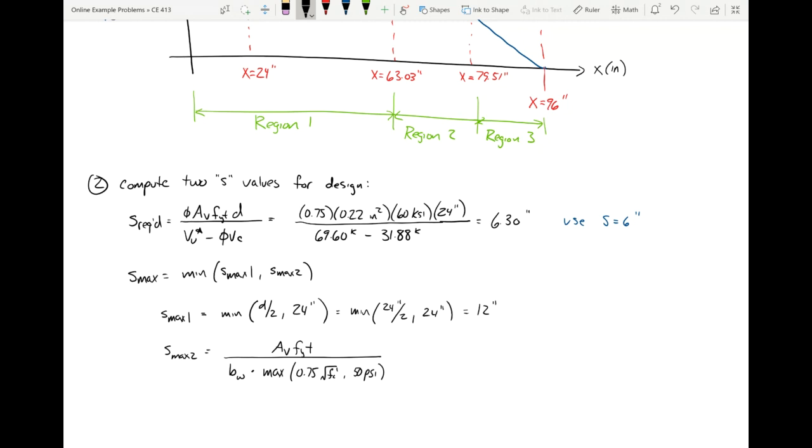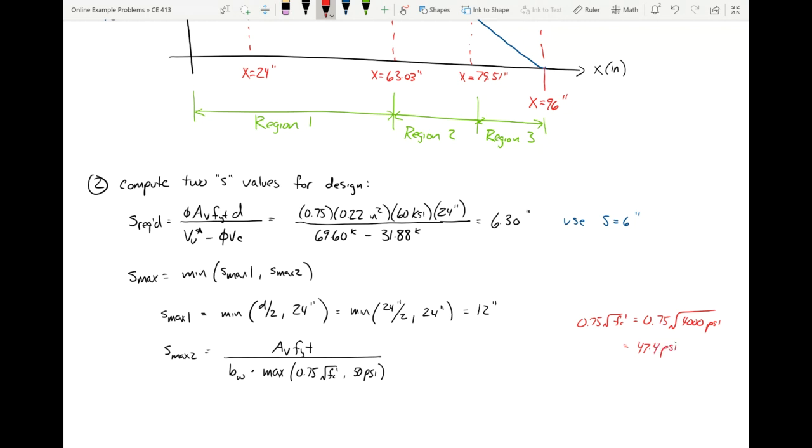So 0.75 times the square root of 4,000 PSI. When you plug and chug that, that comes out to be 47.4 PSI.